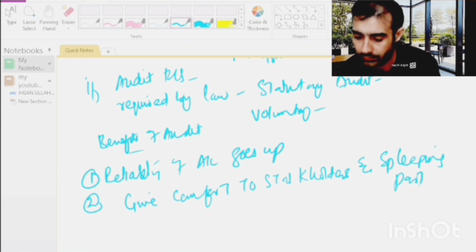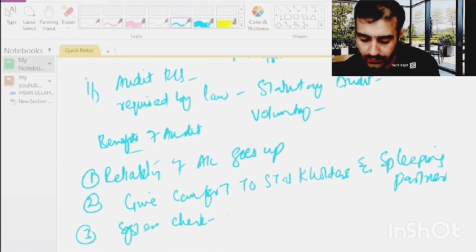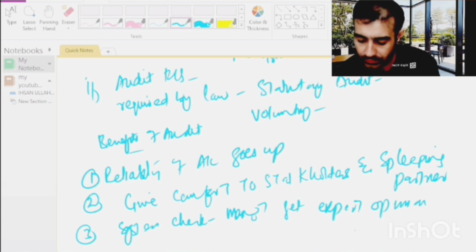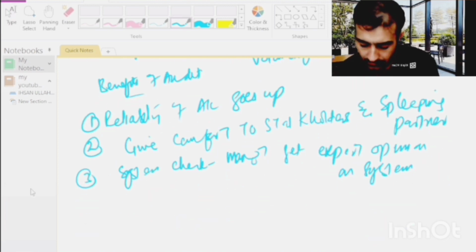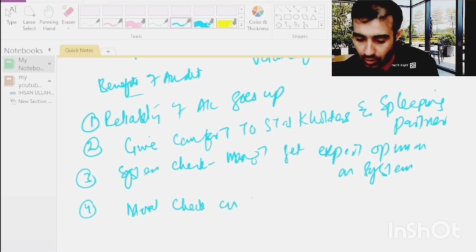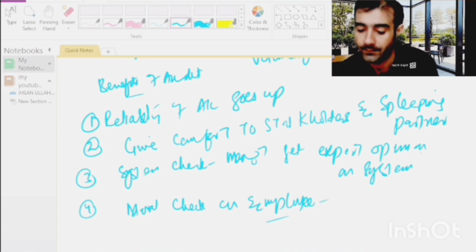Then they also do a system check of management, and get an expert opinion on the system. Then you can also say that the audit of the financial statements gives a moral check on employees. So these are actually the benefits, and that is why people or companies want an audit of the financial statements.